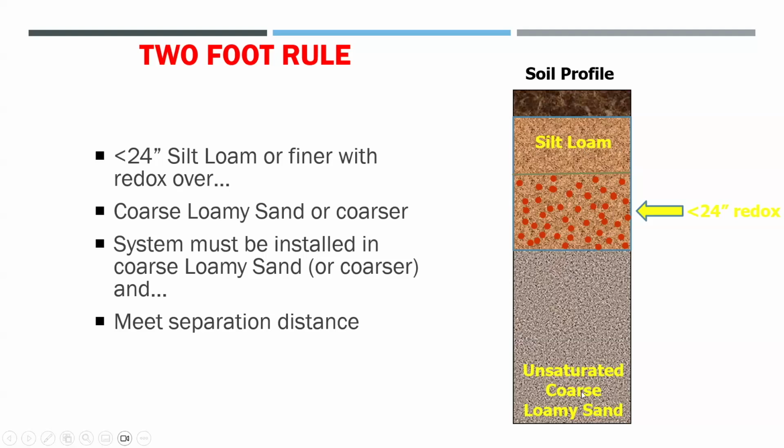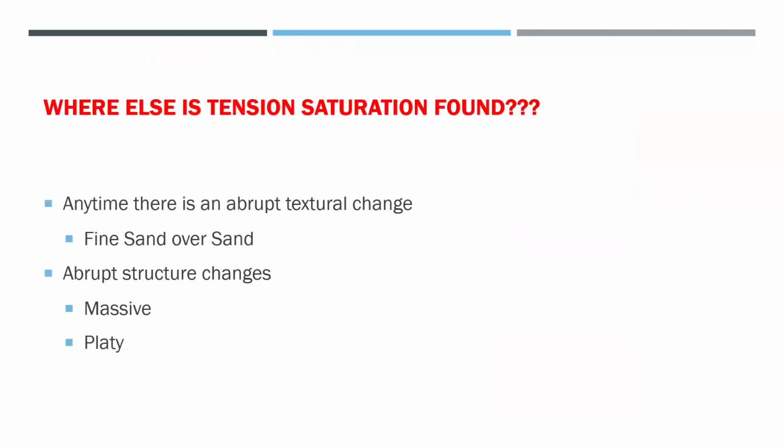And as long as it's unsaturated coarse loamy sand, a bigger textural change, we can have up to 2 feet of redox zone. And then we would install the system in the system area down below. Still have to meet our separation distance underneath, but we can sort of discount the redox up above as a tension saturation.